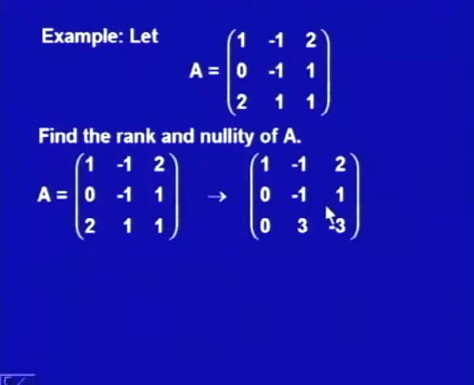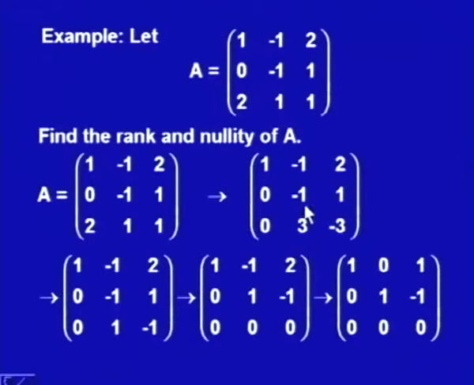So, this matrix is transformed to this, and by applying suitable elementary transformations, this will be reduced to this, and further to this matrix. Now, one can notice that this is reduced to row echelon form like this.